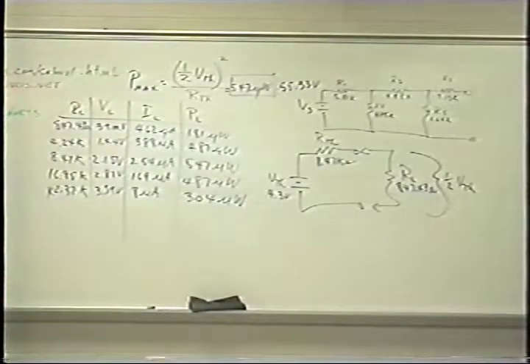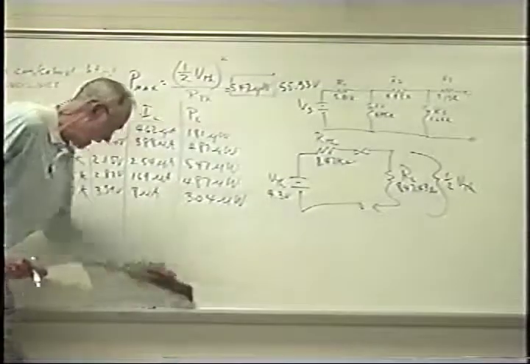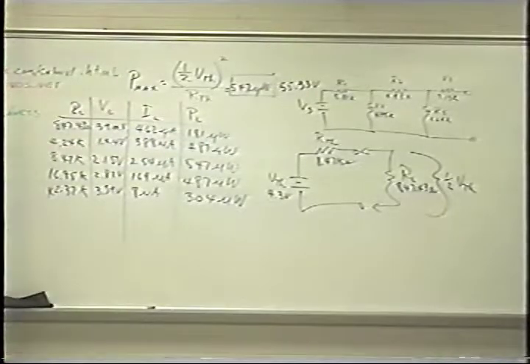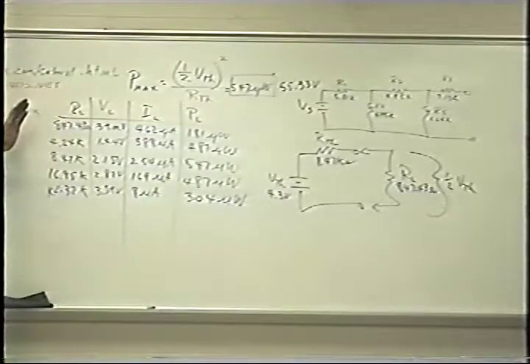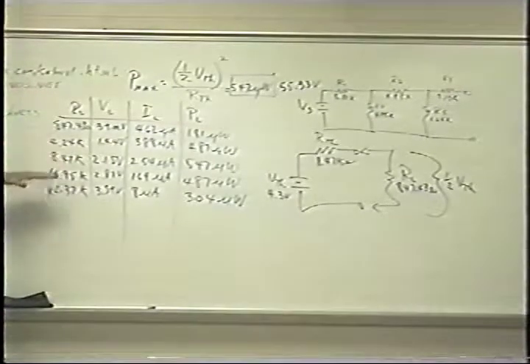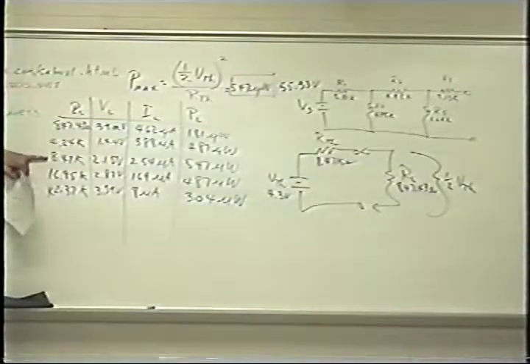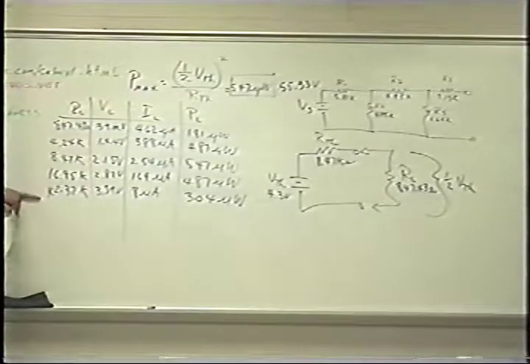So that's the whole point of the maximum power transfer theorem worksheet, is to demonstrate to you that if we start out with a low resistance, much less than the Thevenin's resistance, go through the Thevenin's resistance, and then increase further on past that, we find that the power is maximum when RL equals RTH, and falls off after that.